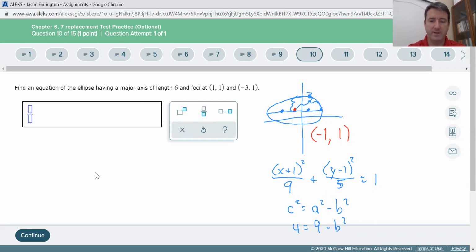This is going to be (x plus 1) squared over 9 plus (y minus 1) squared over 5 is going to be equal to 1. All right.